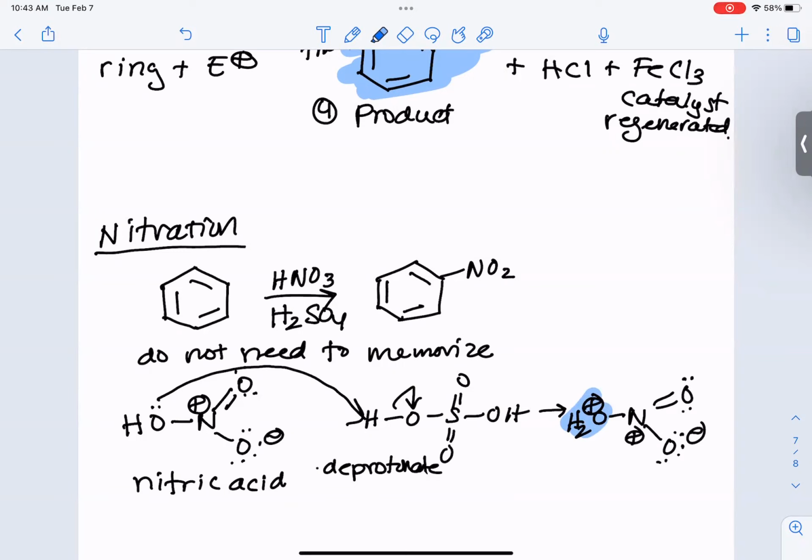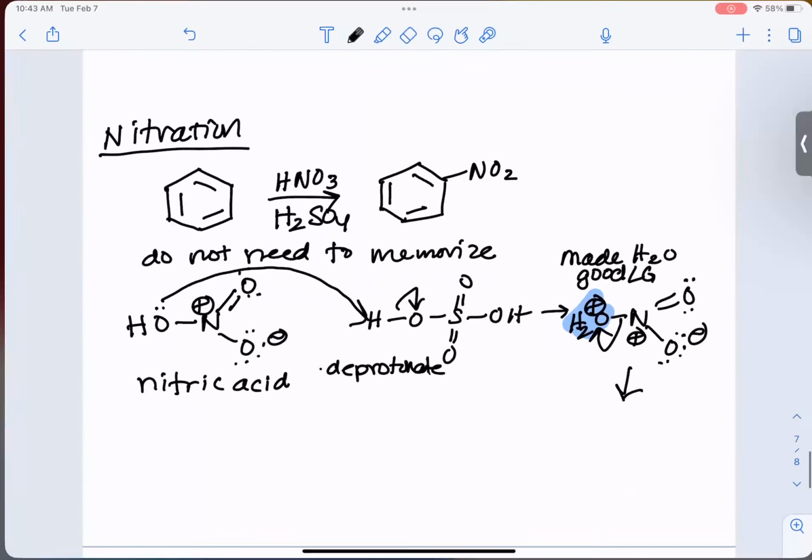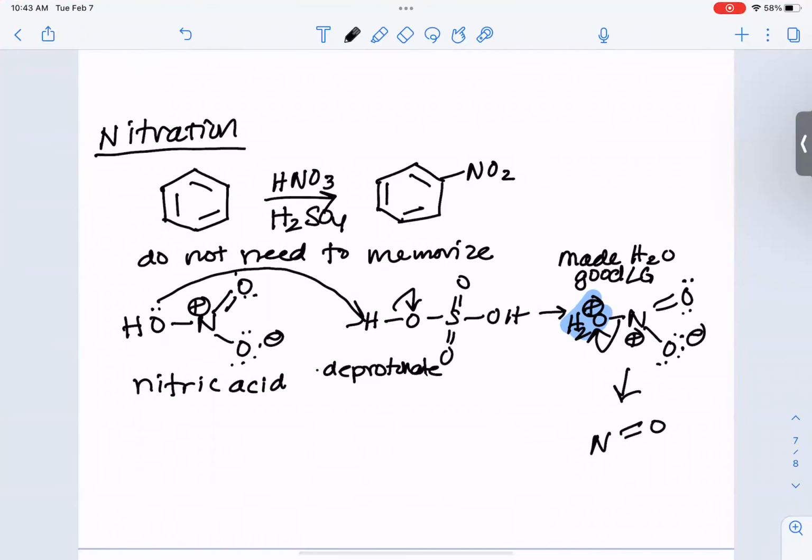Water, which is a good leaving group, right? We did that towards the end of the fall semester. So the water leaves. And now I'm left with my electrophile. So that's how I make my NO2 electrophile.